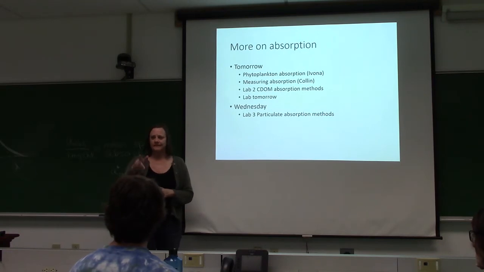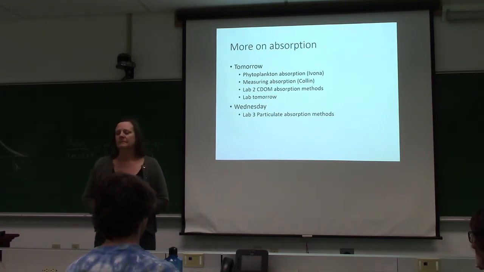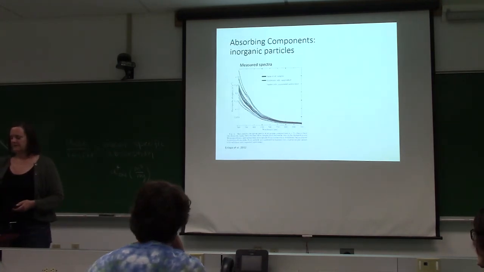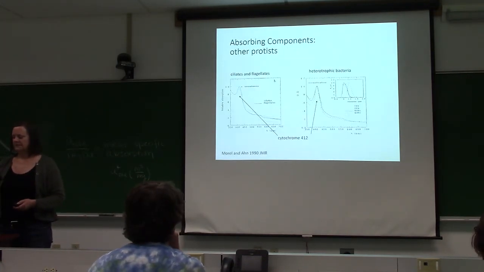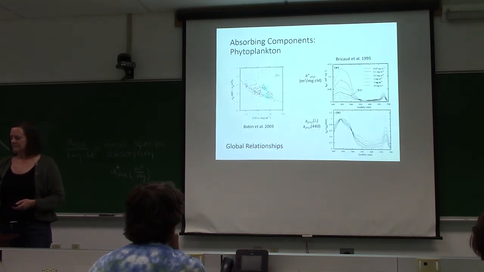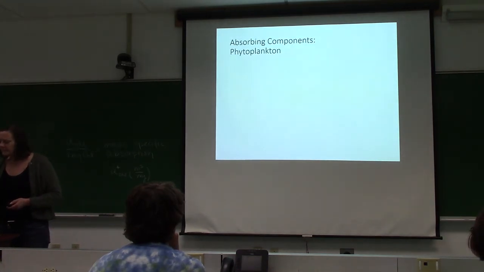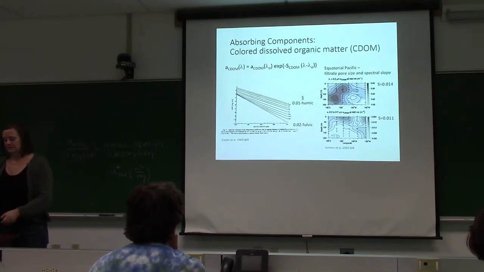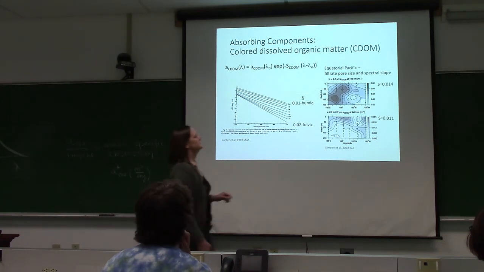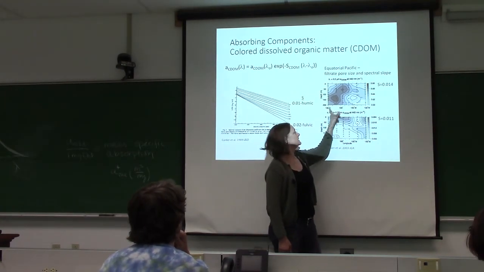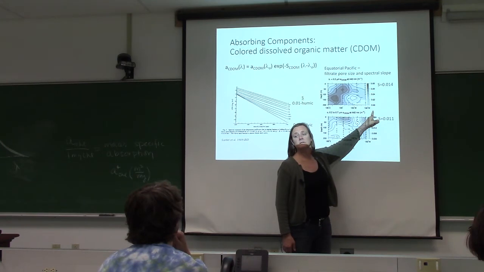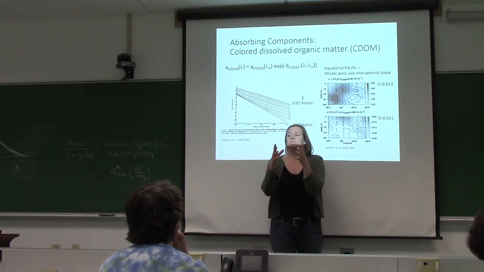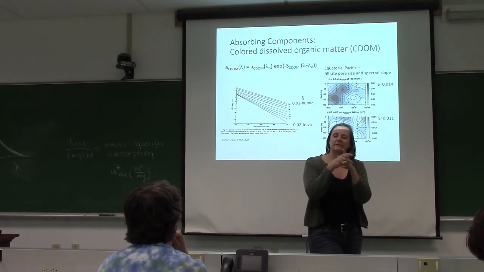You showed a 2D graph of the CDOM absorption. I didn't fully follow it. Absorbing components with CDOM is an important one. This here is depth against distance along the equator of the Pacific Ocean. This is the filtrate from a 0.2 micron filter.